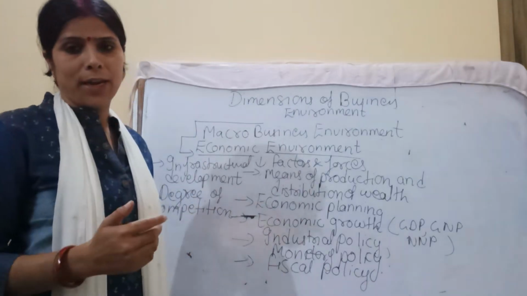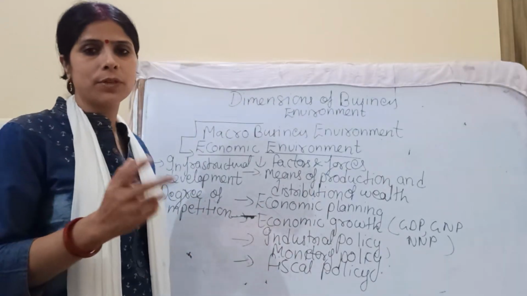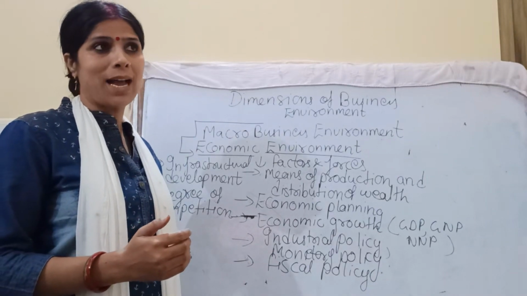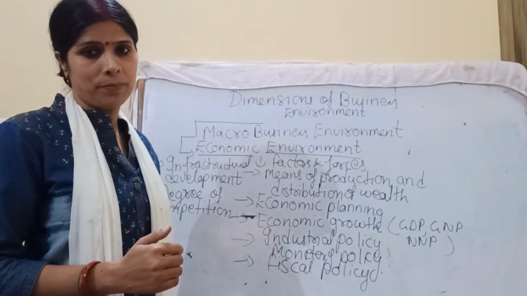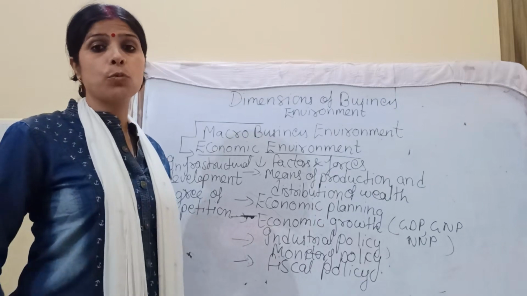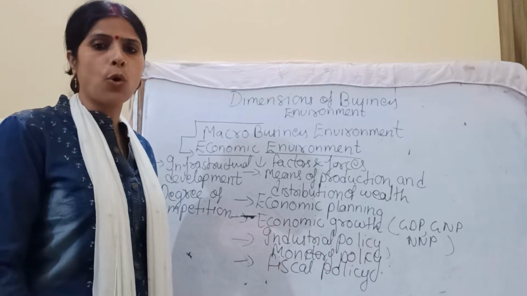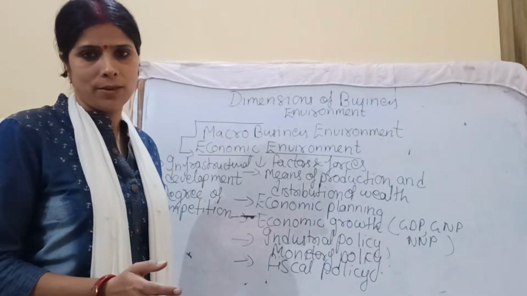Like economic planning. You must have heard of economic planning, the first 5-year plan that was established in the year 1951 after the constitution was held. In 1947, when India got independence, after partition, the whole economy was devastated.